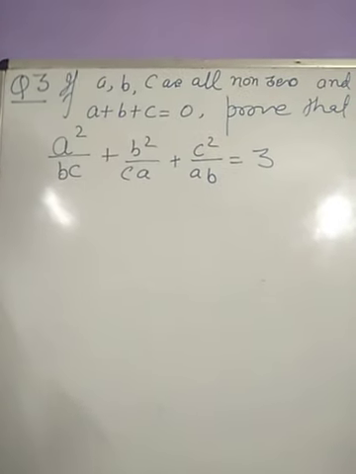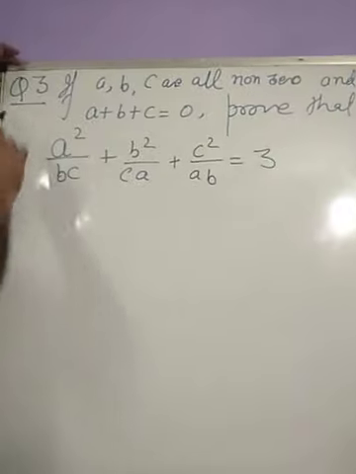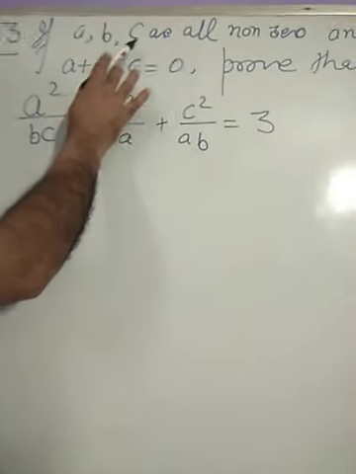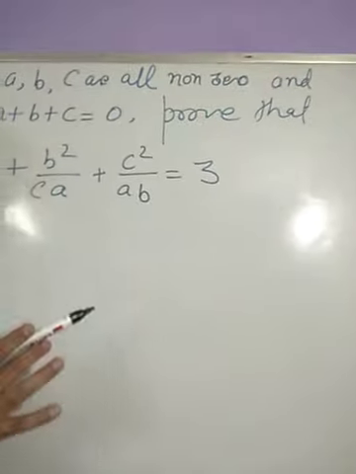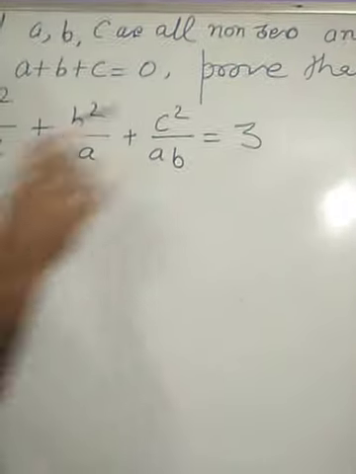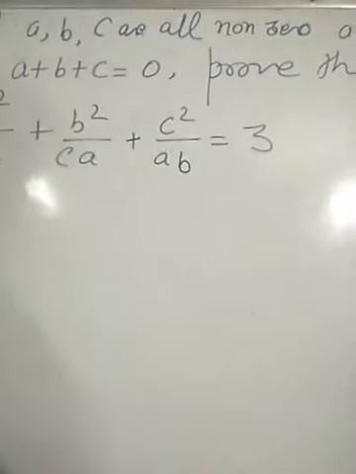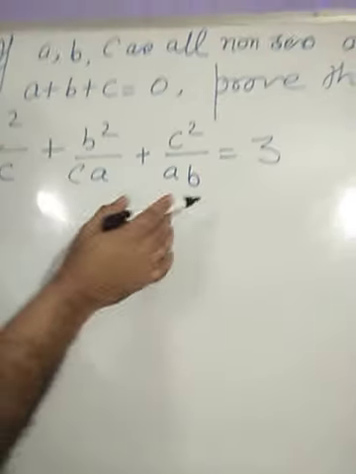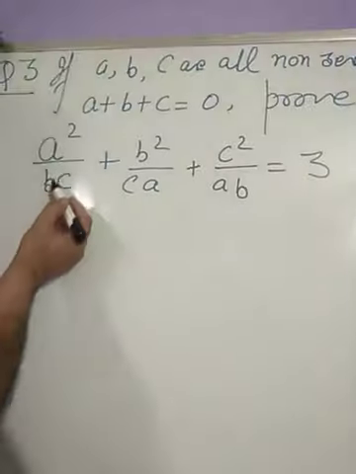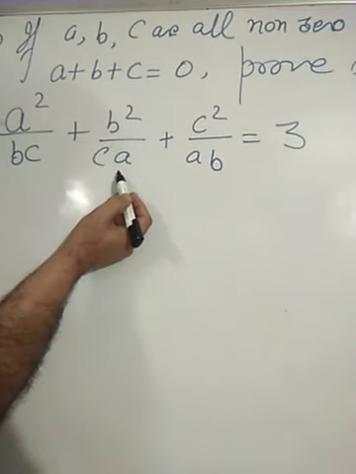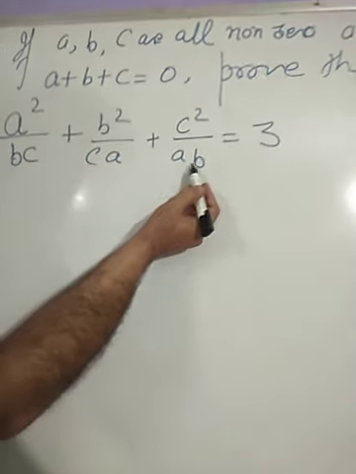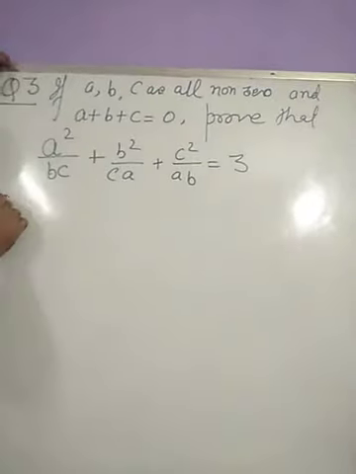The third question, I have written the question here. If a, b, c are all non-zero terms, and a plus b plus c equals 0, the sum of these three numbers is 0, then prove that a square over bc plus b square over ca plus c square over ab equals 3.